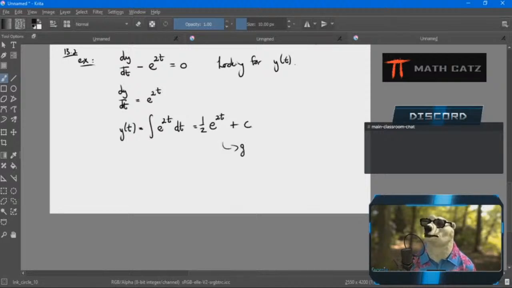So there is the general solution. So a lot of this is much more familiar than I might think originally. It's much better and less strange than I might have originally thought.